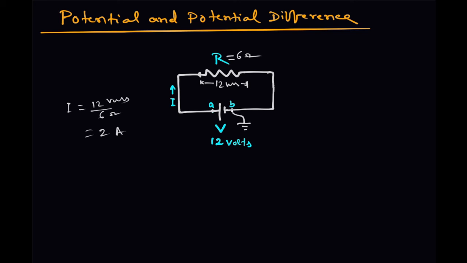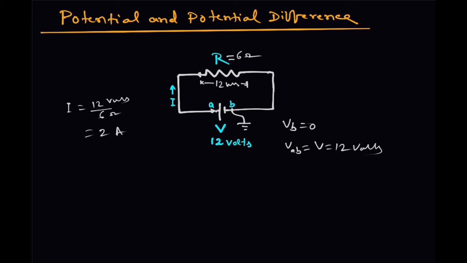So the potential of this point is 0. Now you can say that VB is equal to 0. That is the potential of this point. And the potential difference between these 2 terminals, that is the voltage difference, VAB is equal to V, that is equal to 12 volts.